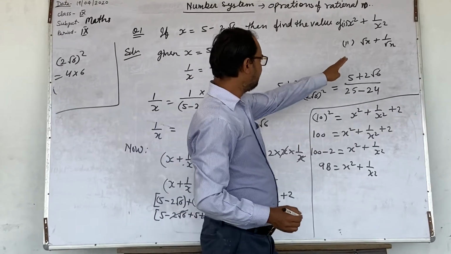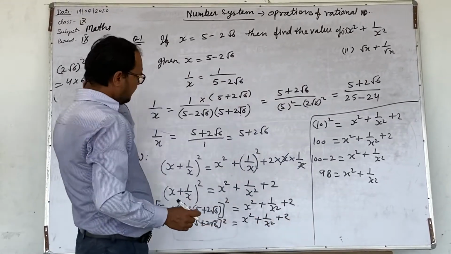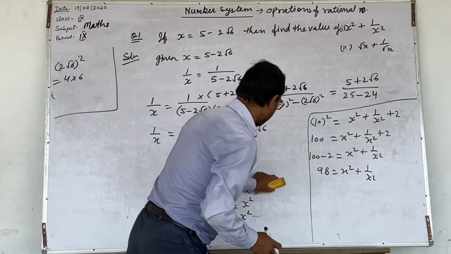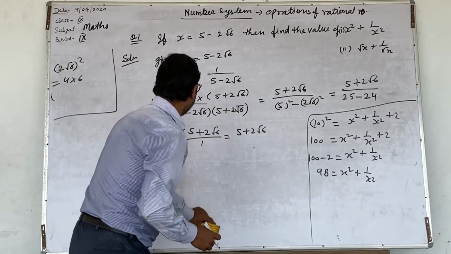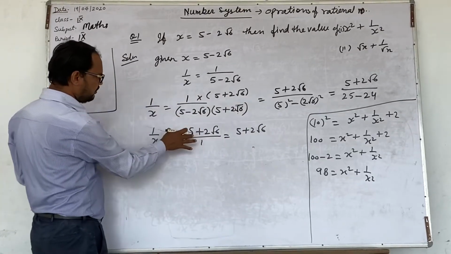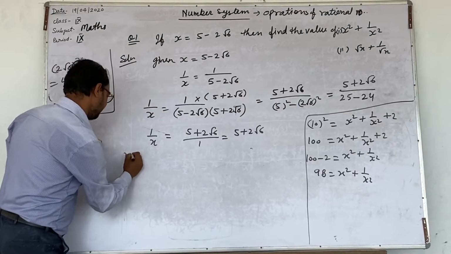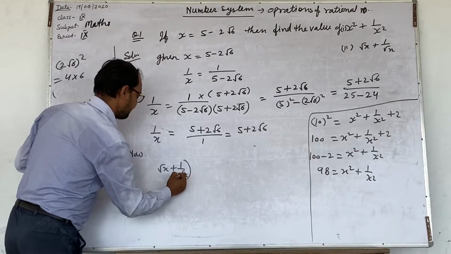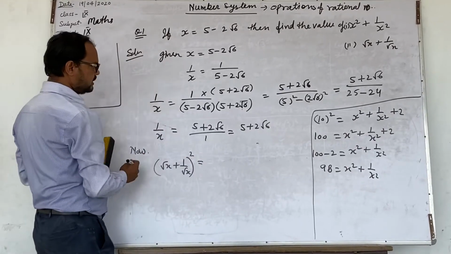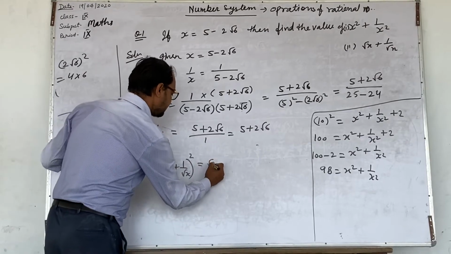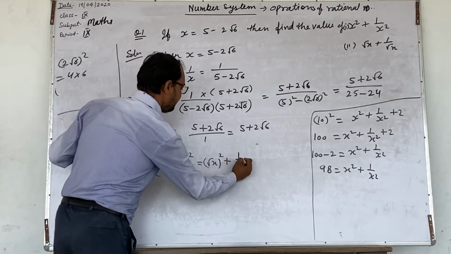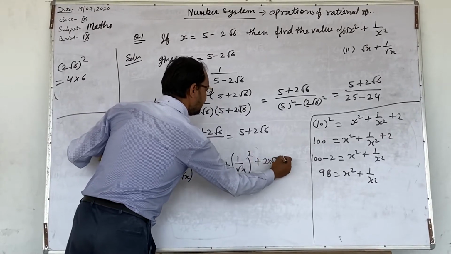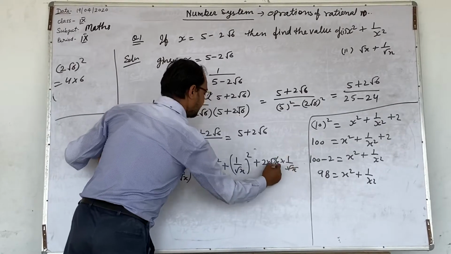Similarly, you can use this to find out the value of this, having the same x and 1 upon x. I am just giving a hint for you, and you should apply it at home. First of all, complete this. Now, root x plus 1 upon root x whole square is equal to, using the same identity, a square plus b square plus 2a into b, and this will be cancelled out.